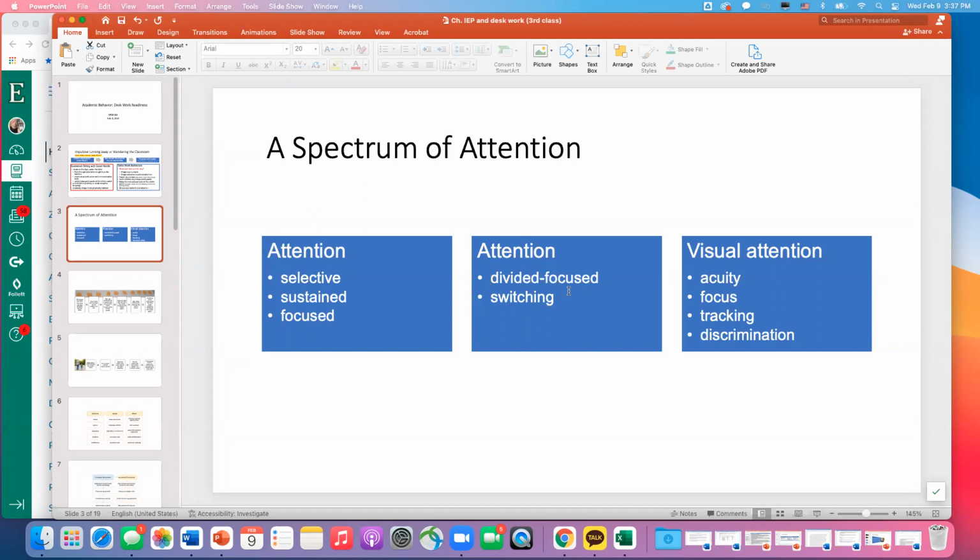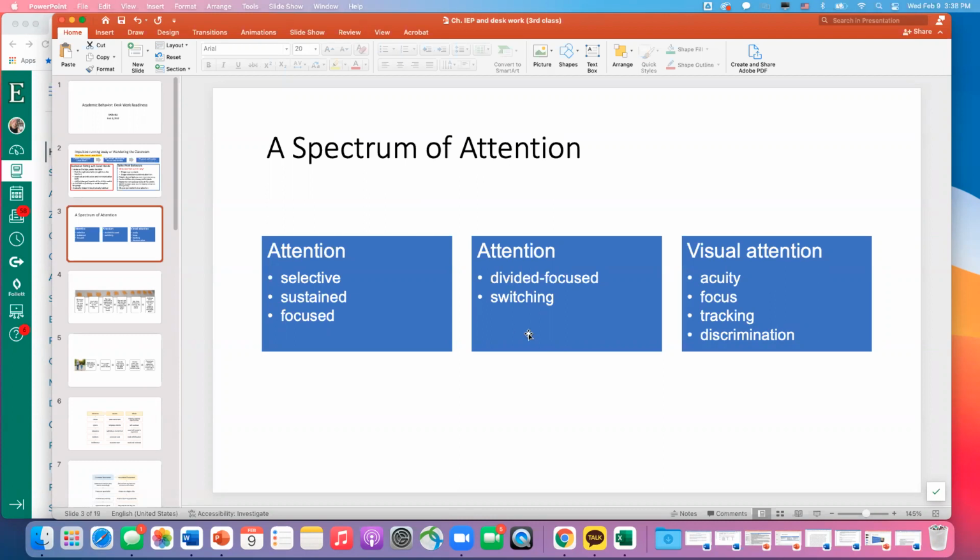The child is obsessive about something, and no matter how loudly you call their name, they're not going to turn and look at you. That's divided attention. So focused attention and divided attention should not be conflicted. So we work on these together.